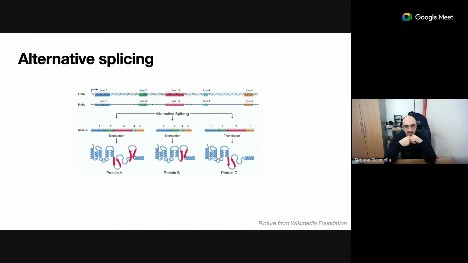Given the same DNA, based on the condition of the replication or the environment, the same portion of genetic material can produce different mRNA and therefore different proteins.